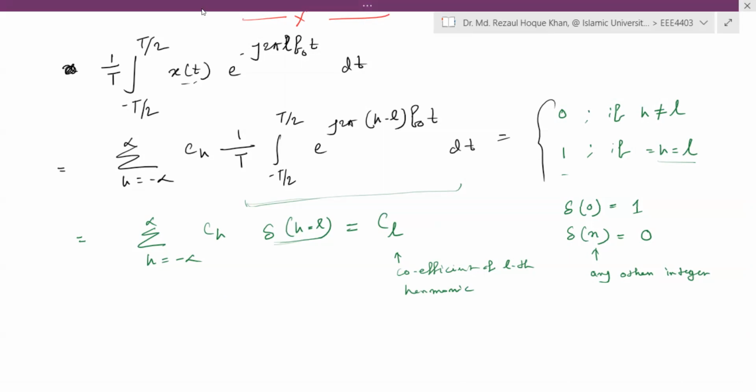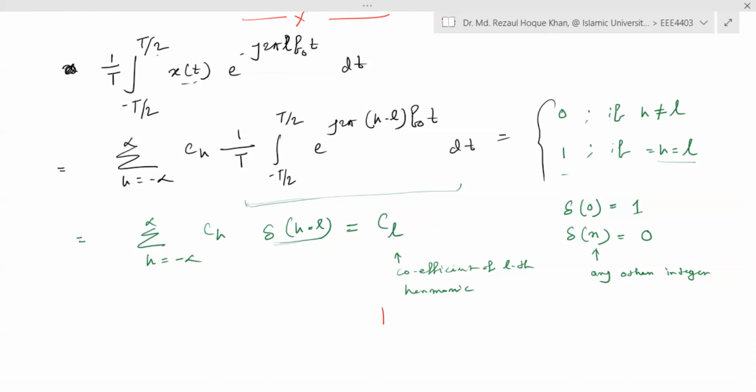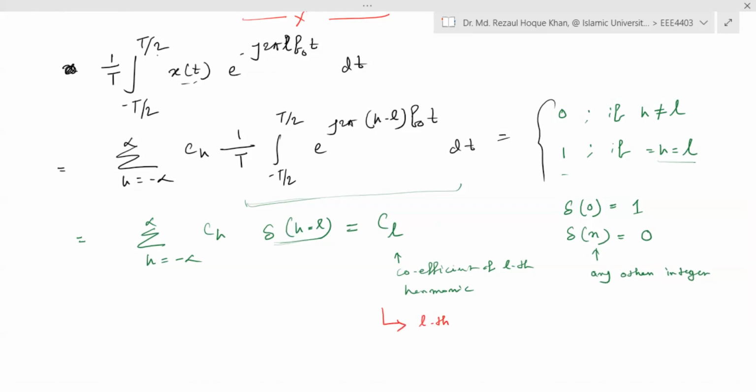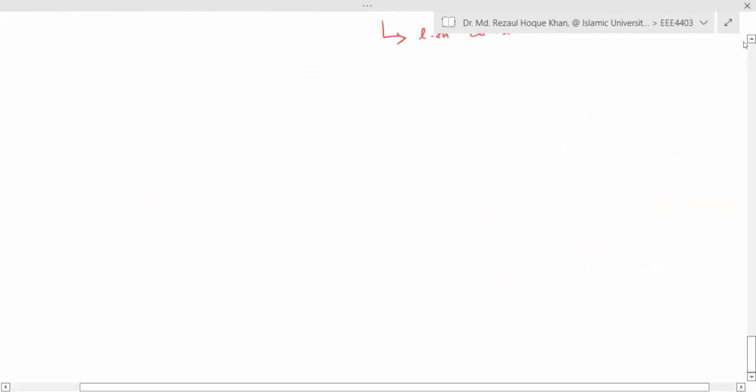The other way we can also write it: this is the Lth coefficient of the discrete Fourier series representation of the periodic signal xt.